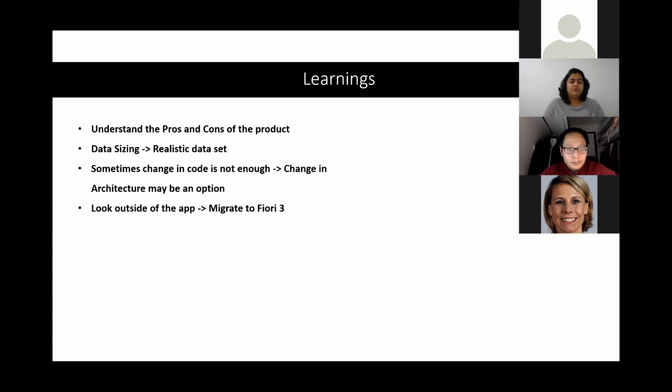And also look outside the app. For example, we also implemented Fiori 3 so that it does not load all the libraries. It just loads the library that is required, and it's quicker and faster than the old version of Fiori.